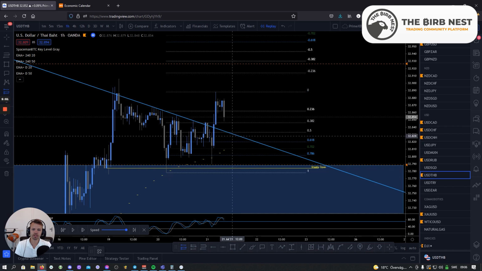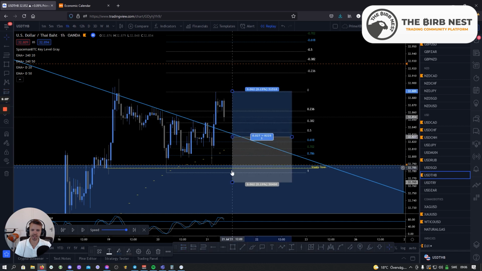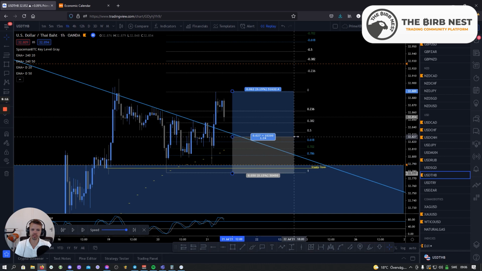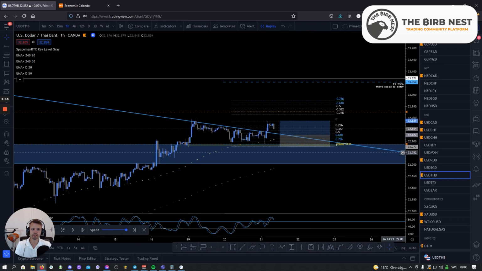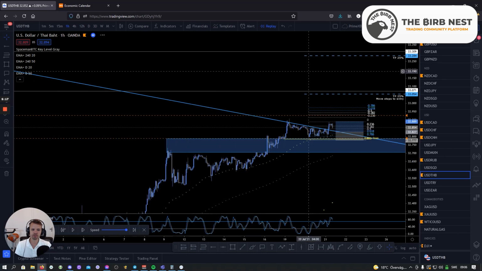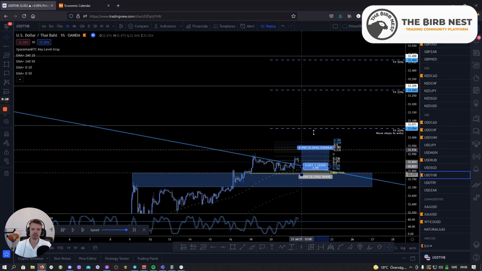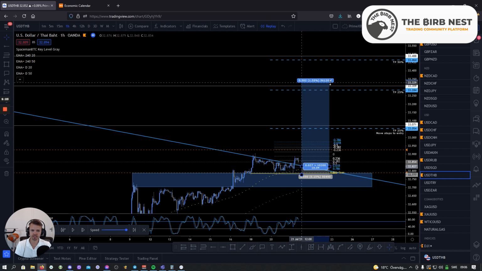So let's see if we can put one in right here, right between the 50% and the 618. I like that area, right? Stop is going to be below the low. And then we're going to use the same take profits here. And you're going to notice that the risk to reward on this trade is just fantastic, right?